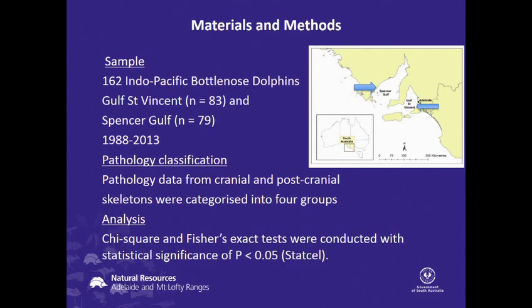Fortunately, we found a quite similar number of skeletons from Gulf St Vincent, 83, and Spencer Gulf, 79, between 1988 and 2013. Each pathology we observed, we classified into four categories.